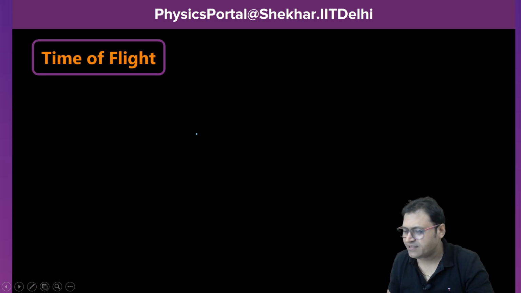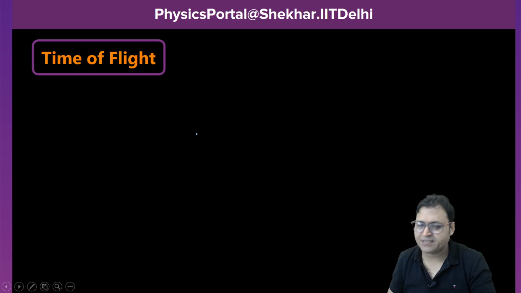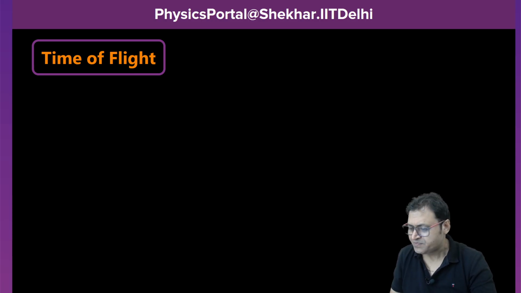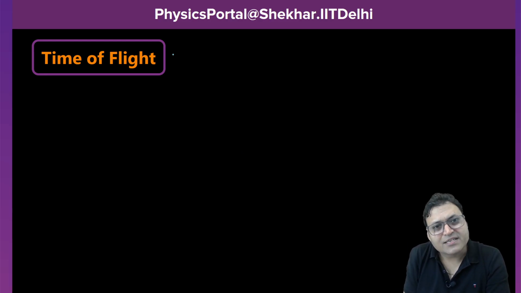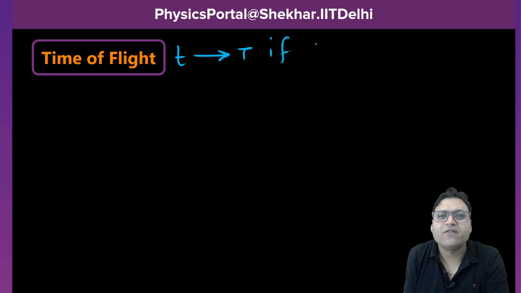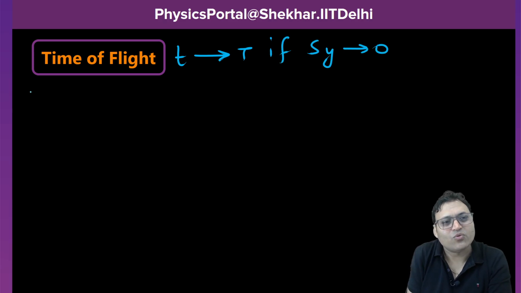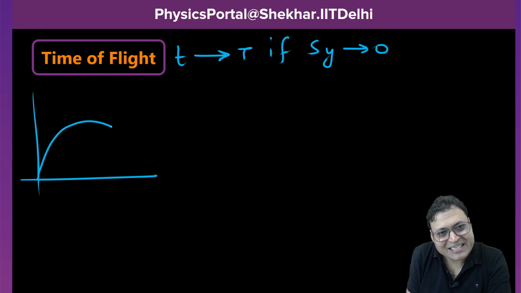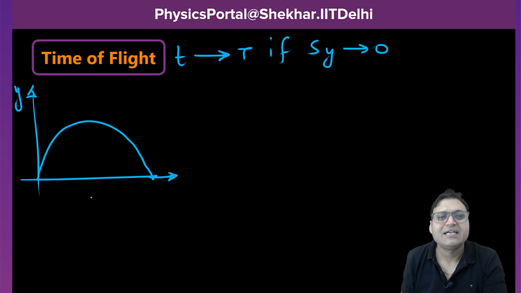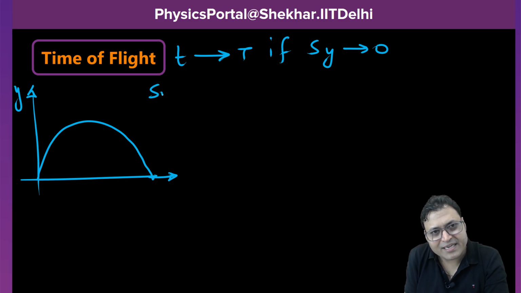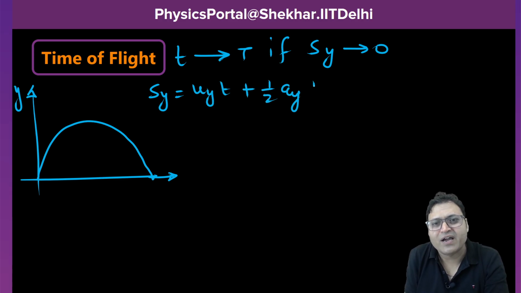Next, we can find the time of flight. The time taken by the particle becomes time of flight if Sy becomes 0. When the particle reaches the ground again, the total time taken is called the time of flight. Again applying the equation of motion, Sy is equal to uy t plus half ay t square.